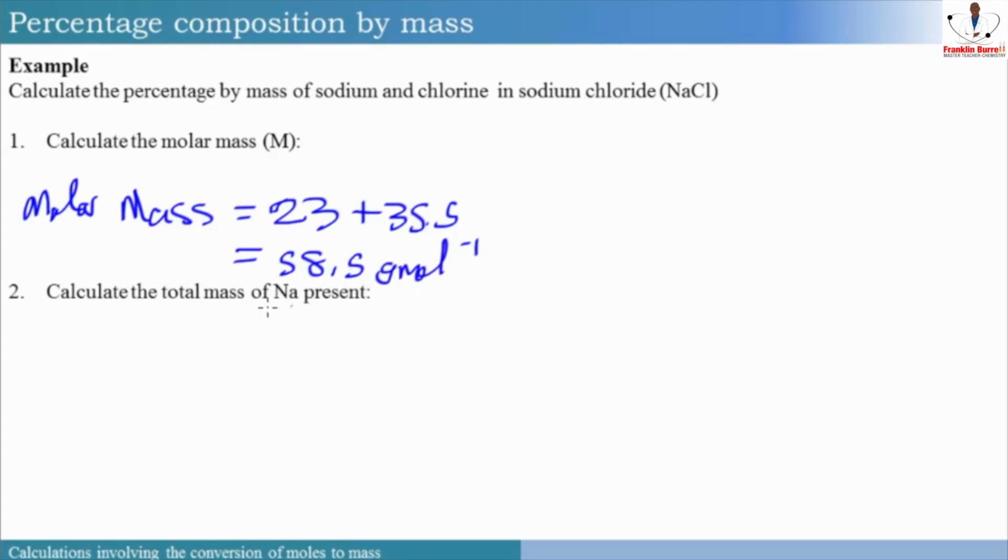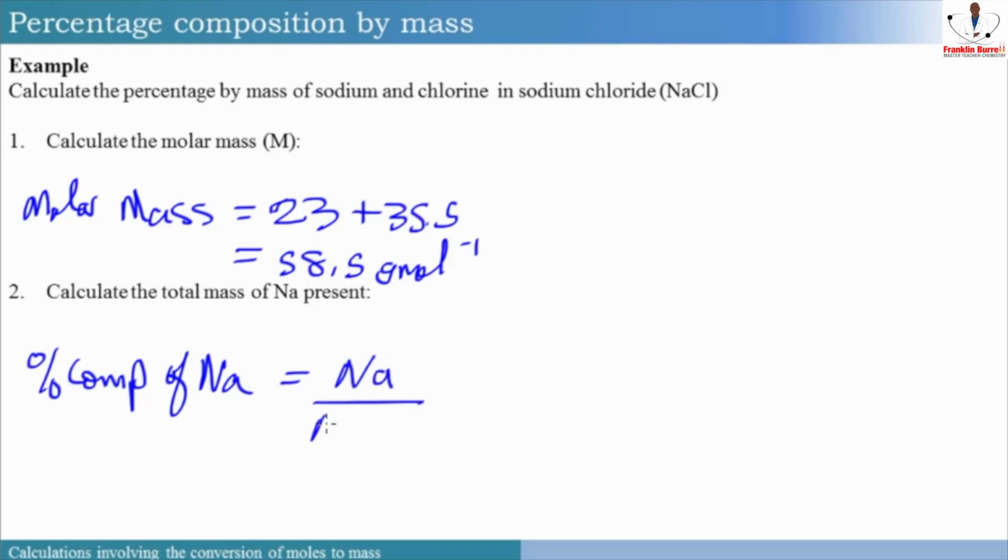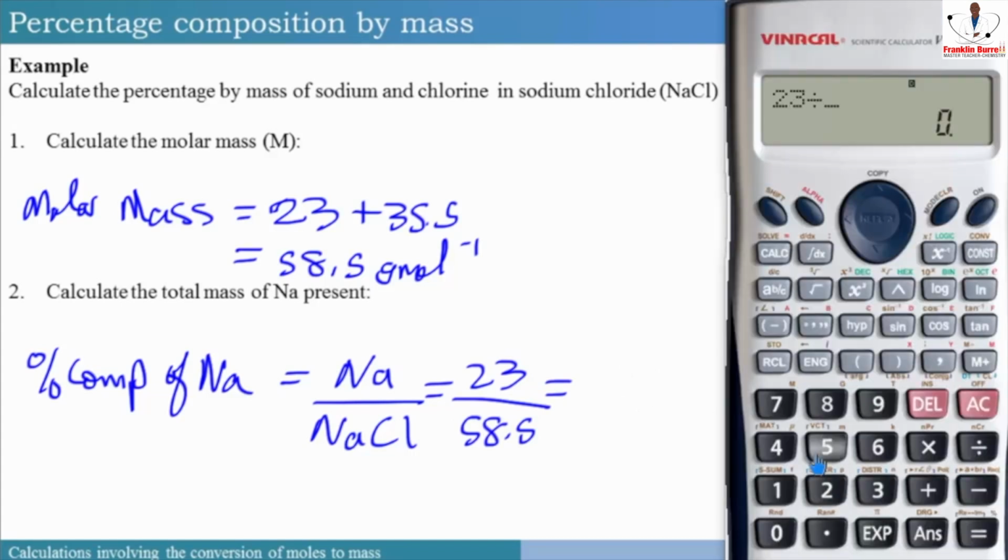Now we want to find the percentage of sodium present, but we only have one sodium. So the molar mass of sodium present there is 23. So the percentage composition of sodium present in sodium chloride would be equal to sodium over sodium chloride, which is 23 divided by 58.5.